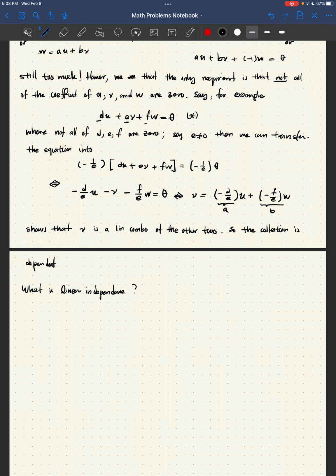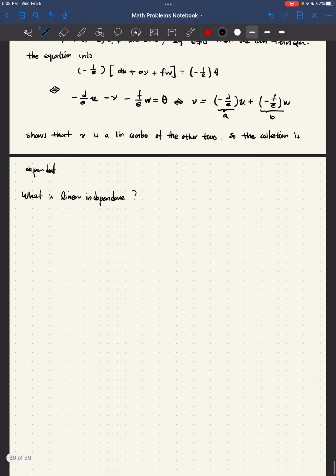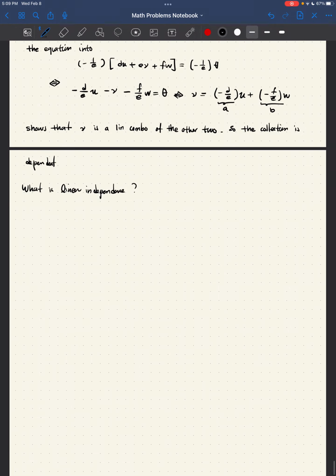Think about this. What is dependence? Well, dependence would be the negative notion of independence, and similarly, the notion of independence would be the negative of dependence.